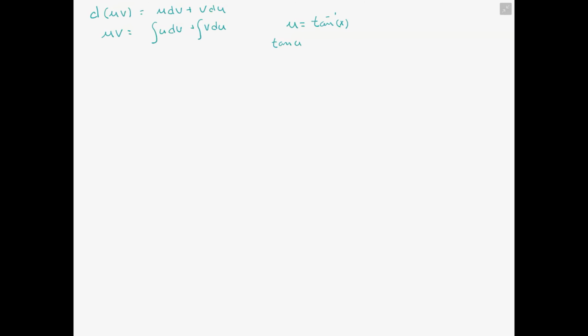That means tangent u equals x. And that means if we draw our right triangle, tangent u is b on a, where b on a equals x on 1, so r equals the square root of 1 plus x squared.